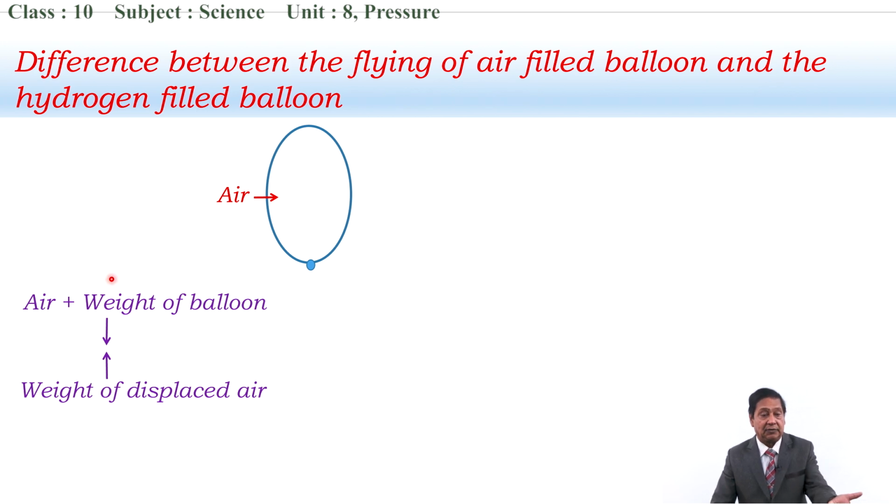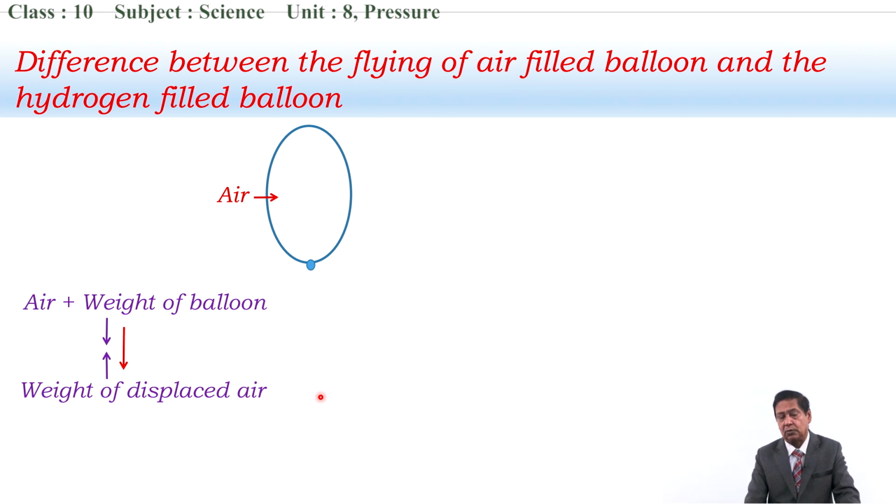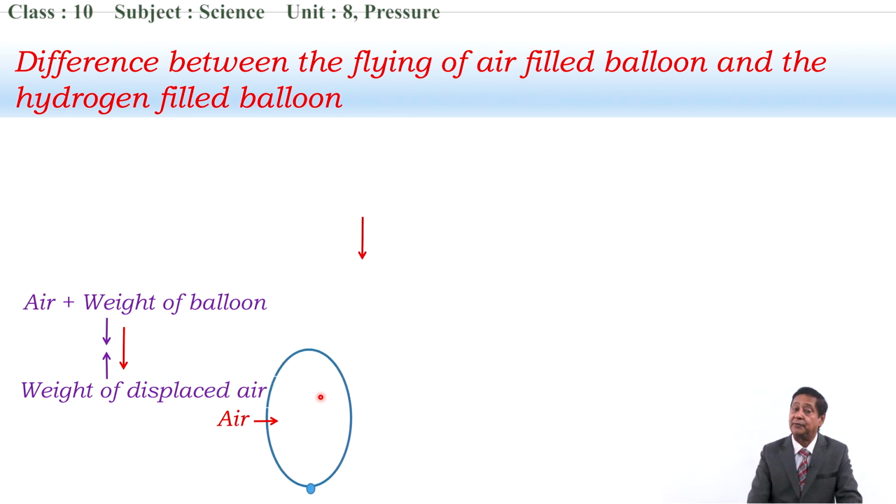Certainly the second is more. I mean to say the air with the weight of the balloon is more than the weight of displaced air. If it is so, then certainly it goes down. The balloon falls downward this way. If the balloon is filled with air, it falls down because upthrust is less and the weight of the balloon is more.